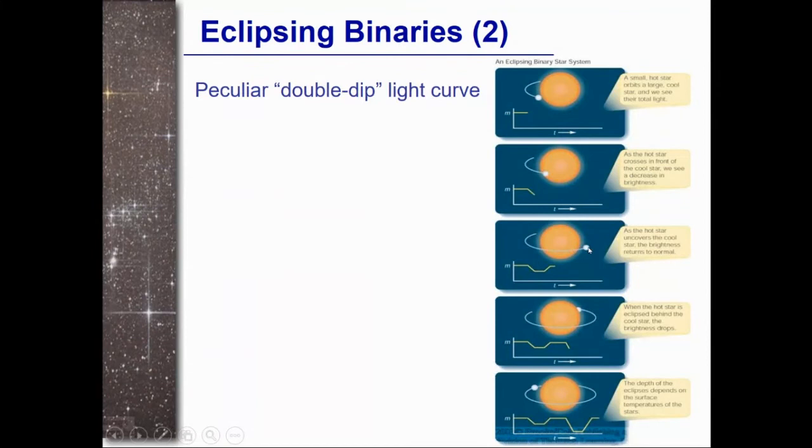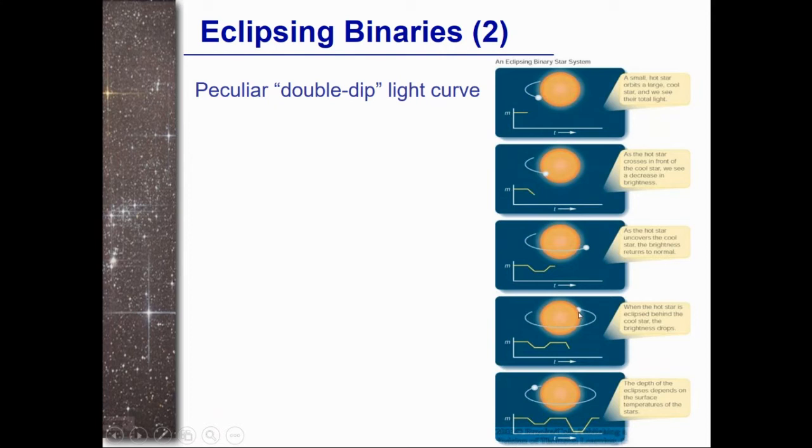It will continue till the star is now not in front of the other star, and the intensity will go back. So you're measuring the intensity of both stars. And then as it moves and now it's behind the bigger star, there will be a decrease in the intensity because you're only measuring the intensity of the bigger star.